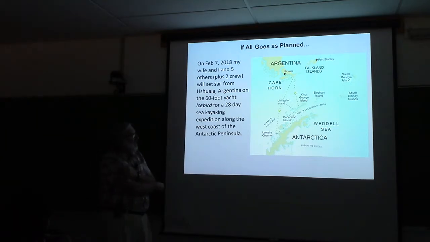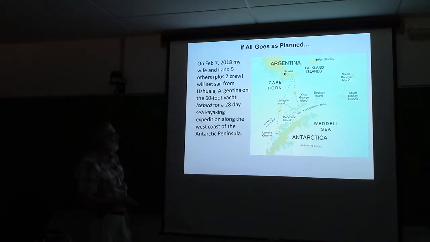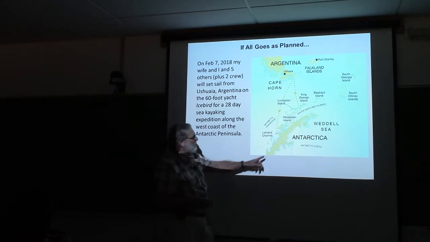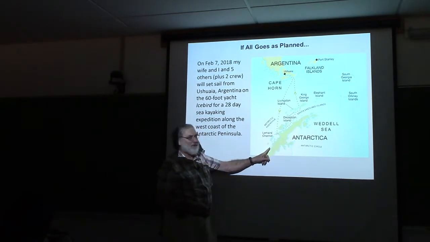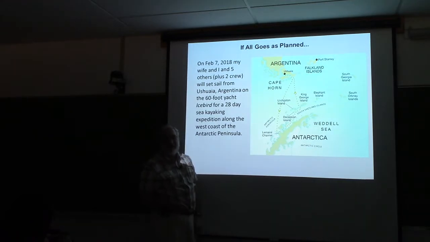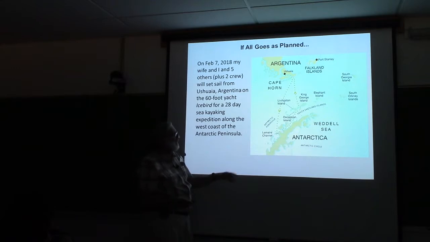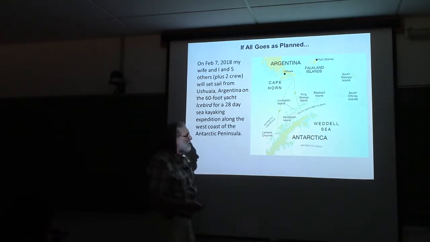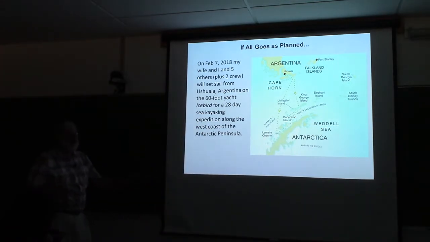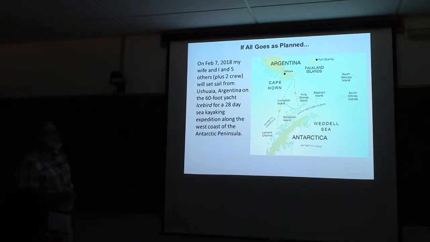We don't have a signed contract yet for this boat, the Iceberg, but my guess is probably fewer than 100 people have ever kayaked along the West Antarctic Peninsula. Maybe 150, but only 50 of them made it back. I don't know. So anyway, that's going to be my ultimate sea kayaking adventure. I sure hope it comes off okay.